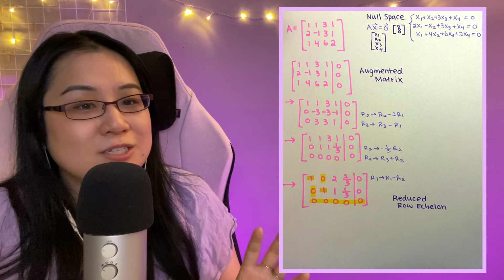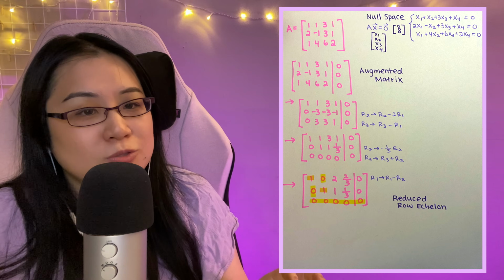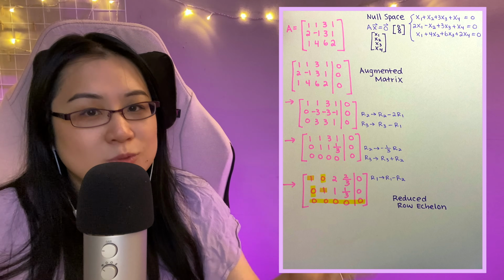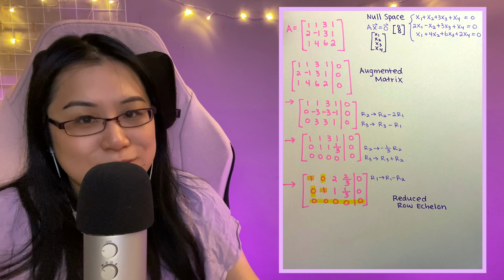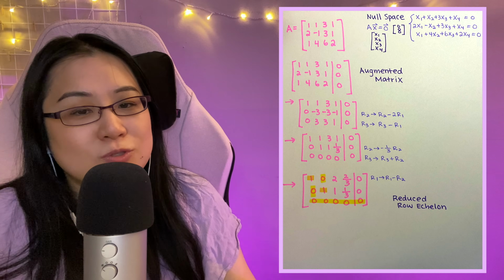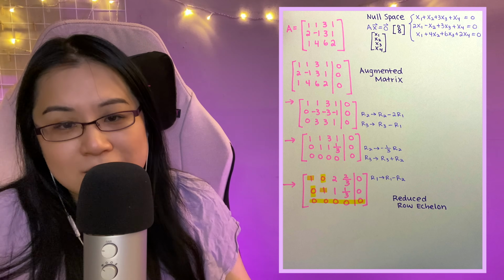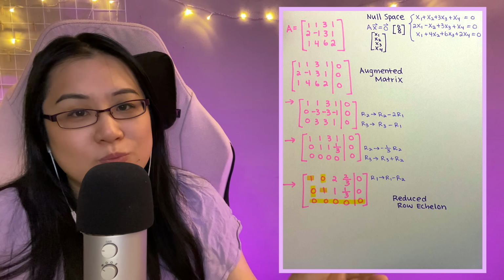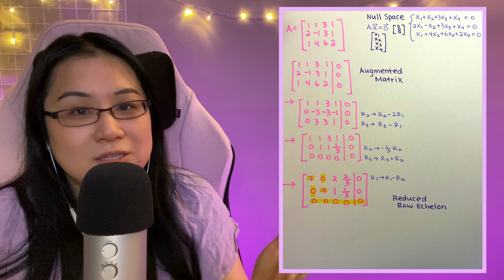For row 2, I see a 2 and I already have a 1 above it. So I just replace row 2 with row 2 minus 2 row 1, because 2 times 1 is 2, and if I do 2 minus 2, I get 0. So I'm going to do row 2 minus 2 row 1 to get a 0 in that first spot. And then I just do the same for all the remaining terms and pairs of terms in the 2 rows.